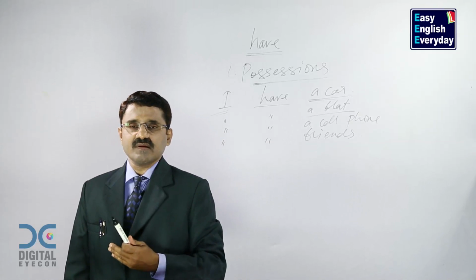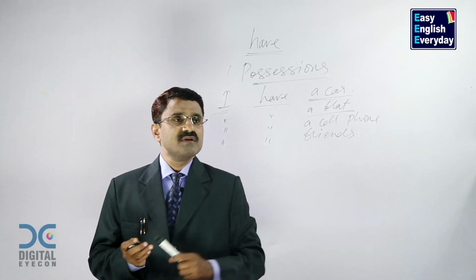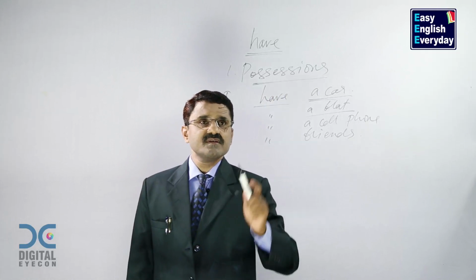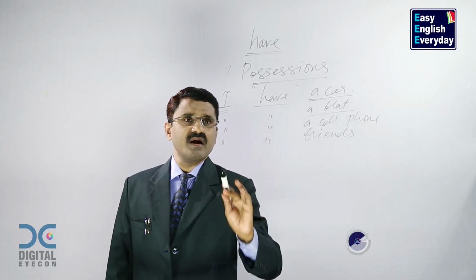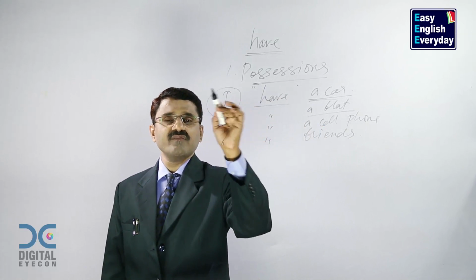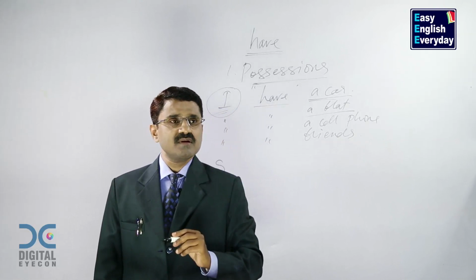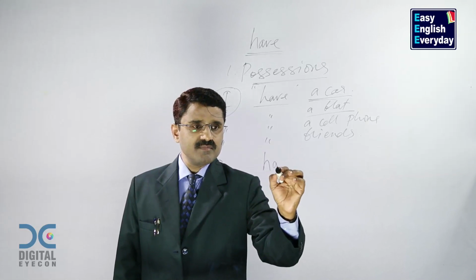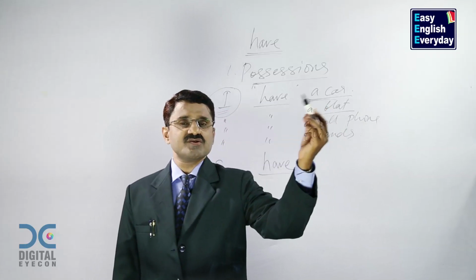So this is the first use of have. Whatever items are there with you, if you want to tell about those items, you have to take the help of this sentence. I have a car. Now, how have we made this sentence? Take subject and take have and friends, cell phone, flat, car.